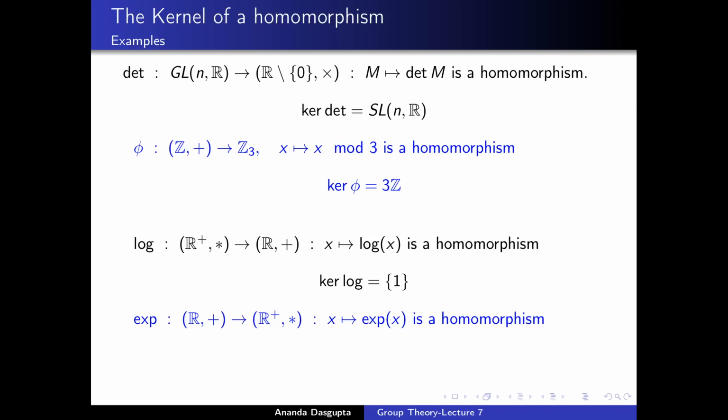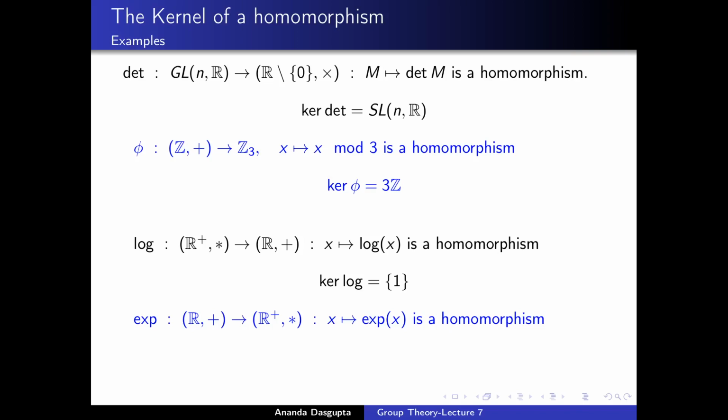And obviously what this does is take a real number x and map it into its exponential. That this is a homomorphism is again the standard property of exponentiation that we had learned in high school. E to the power x1 plus x2 is e to the power x1 times e to the power x2. The plus and the times being the respective product laws in the two groups that we are talking about.